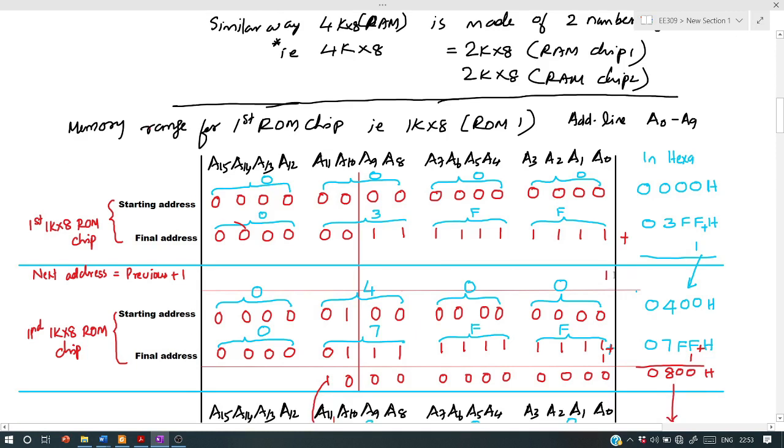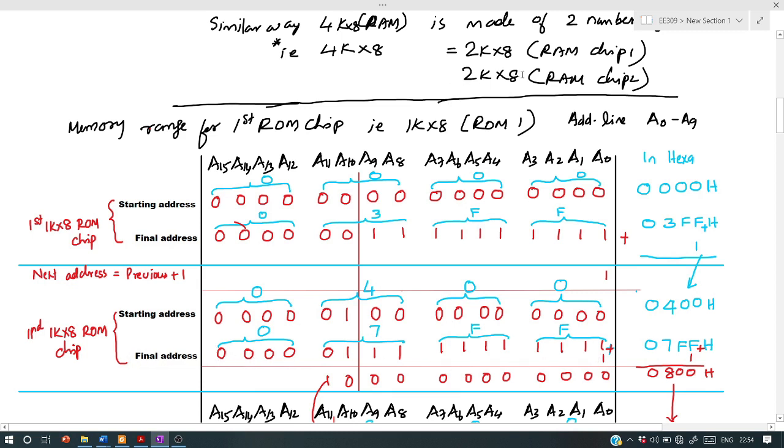So the next location onwards is allotted for RAM chip 1. That is the starting address of the first 2K into 8 RAM chip. We need to add 1 to this hexa data or to this binary data.